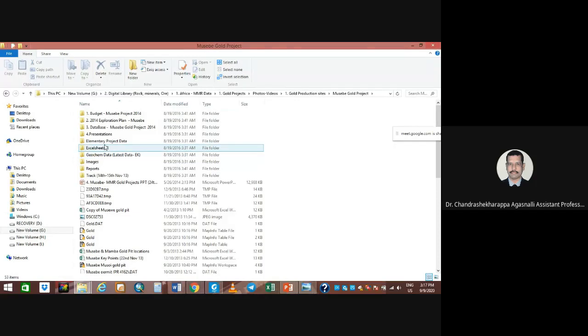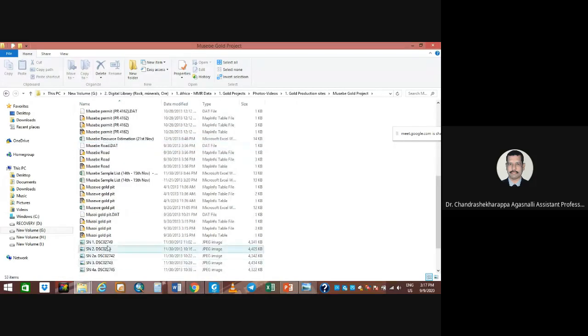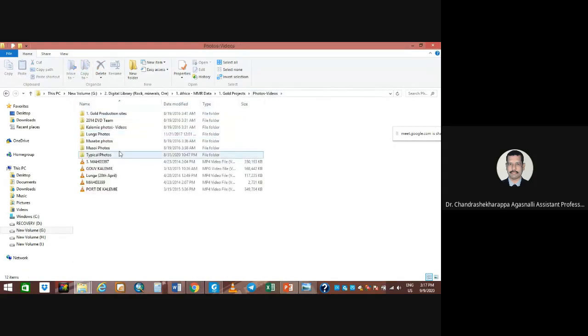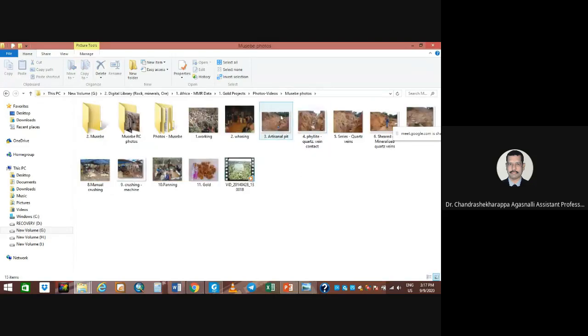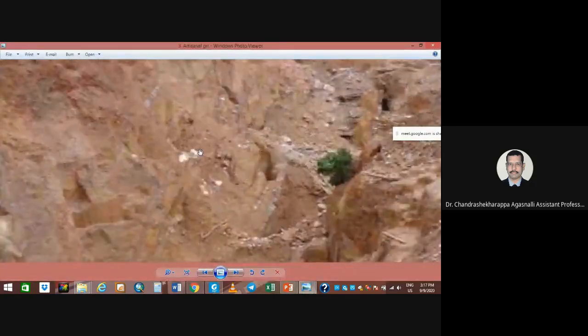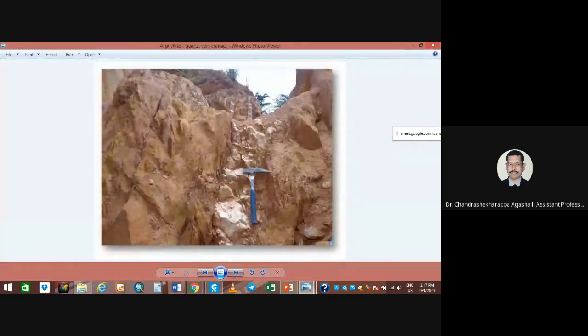Here you can see some very good photos. The veins that are hosting the gold, it's a very good gold deposit here.